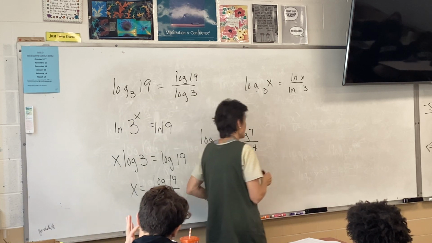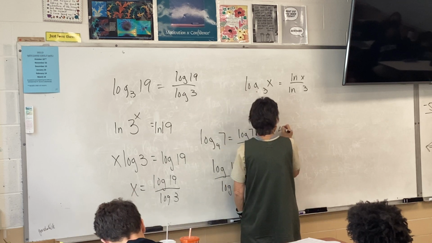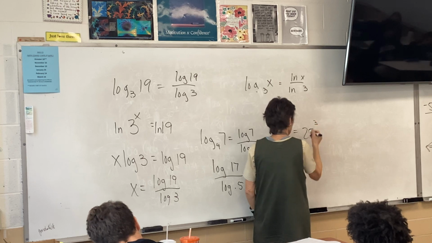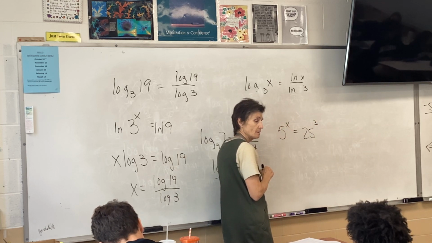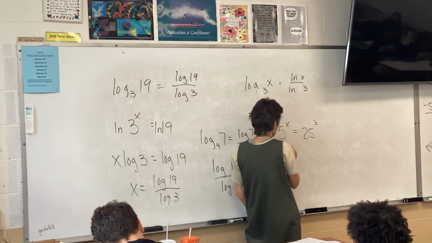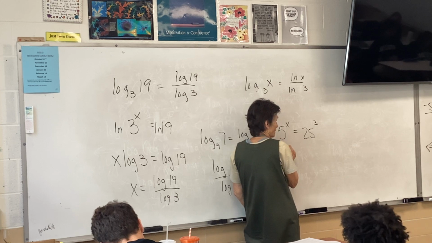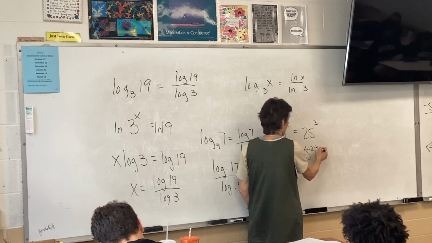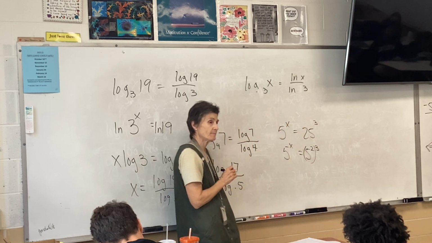It's like saying, if I have 5 to the x equals 25 cubed, and I leave this 5, change this into 5 squared, I'm going to get x equals 6, right?